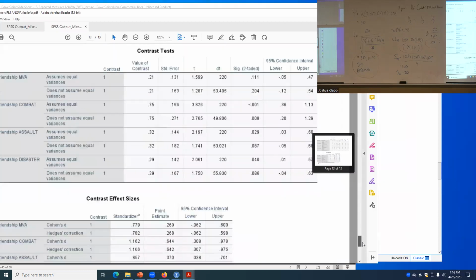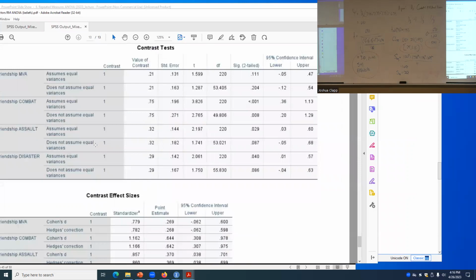So I'm going to go down to this. I'm looking at does not assume equal variances. Okay. And I see I have a p-value of 0.008, a test statistic of 2.65. Here's my lower bound. Here's my upper bound.